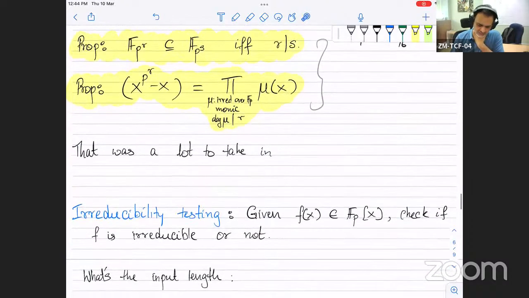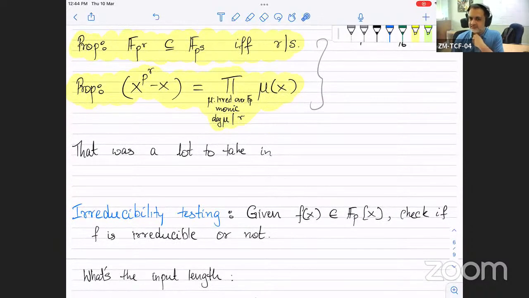Good. So before that, what is the input length? From this point, we're going to be dealing with all operations mod p. When we are multiplying two numbers mod p, we are thinking of them as two integers being multiplied, etc. So if the degree of the polynomial, normally we will say that this has degree d.